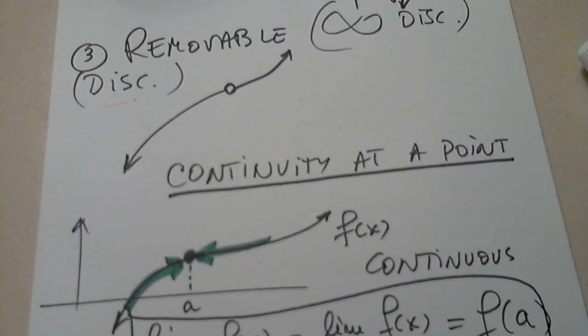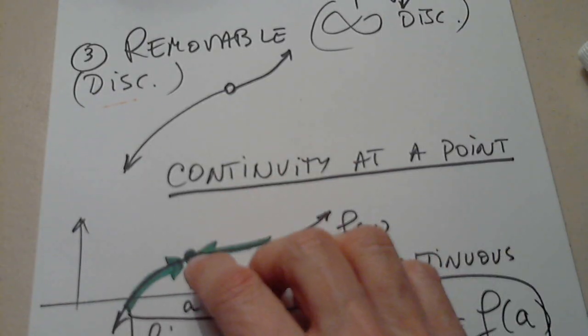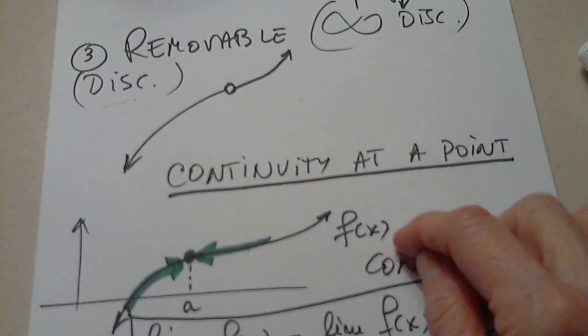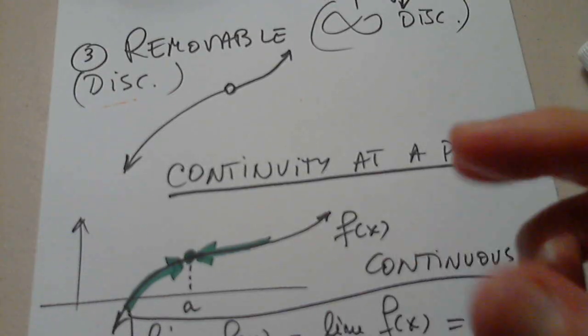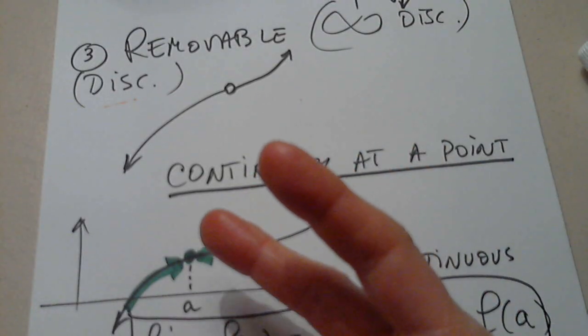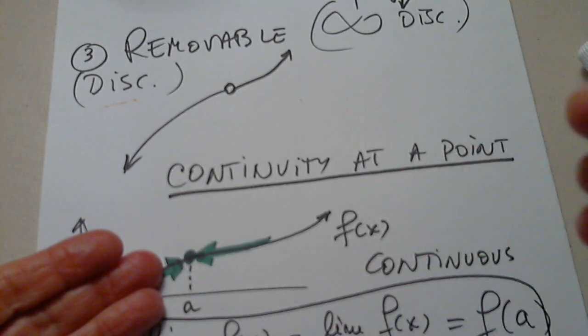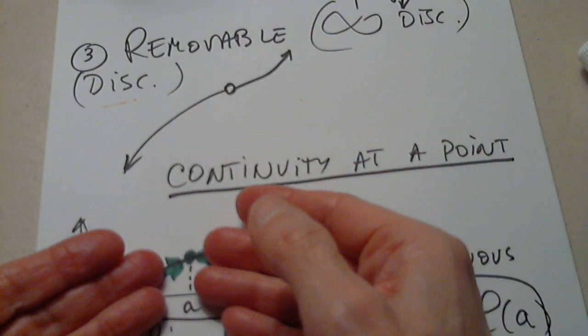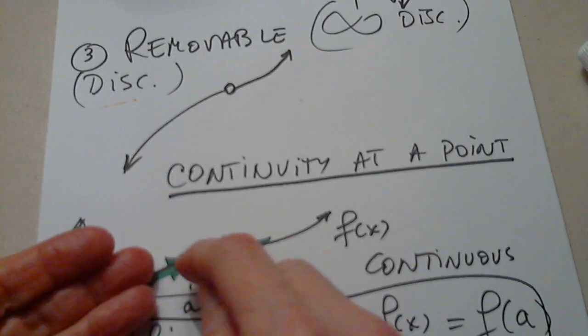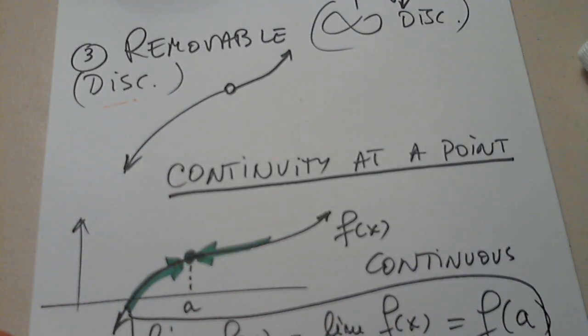Again, at a, the function is continuous only if these three things happen. The limit from the left exists, the limit from the right exists, the function value exists, and they are all equal. Otherwise, the function is not continuous at that point.